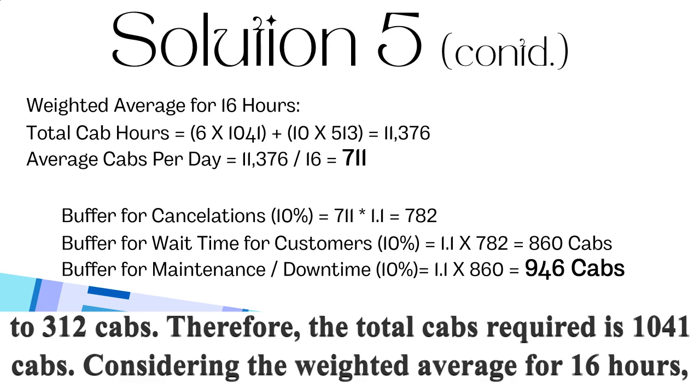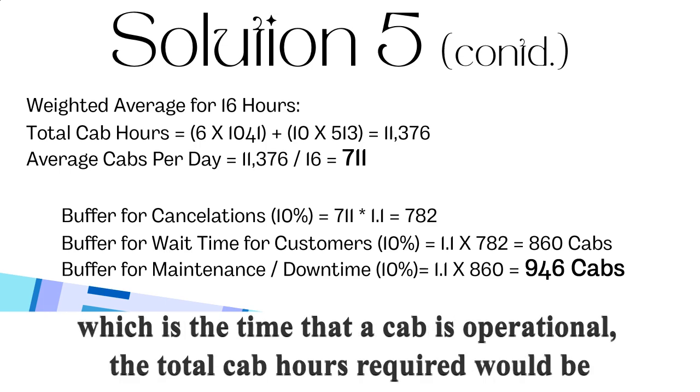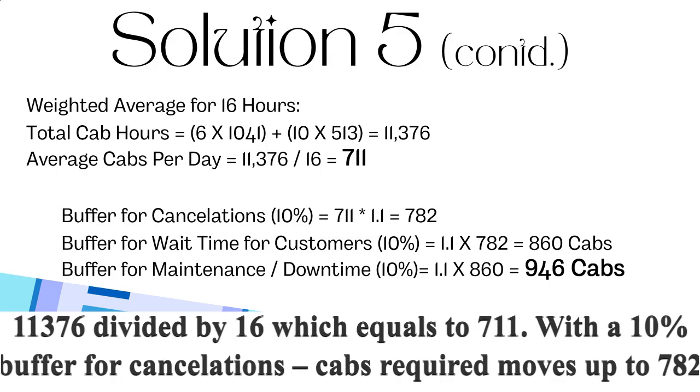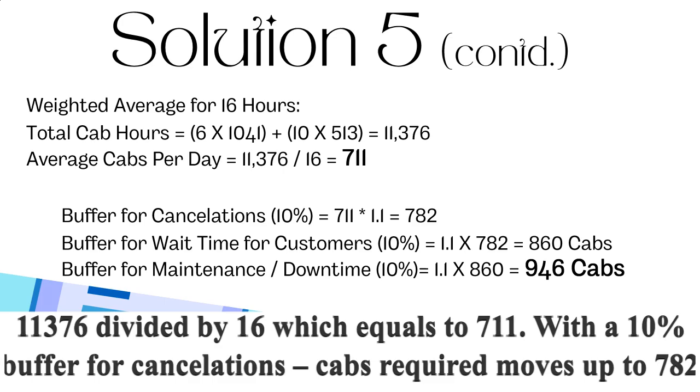Considering the weighted average for 16 hours, which is the time a cab is operational, the total cab hours required would be 6 into 1041 plus 10 into 513, which equals 11376. Therefore, the average cabs required per day would be 11376 divided by 16, which equals 711.